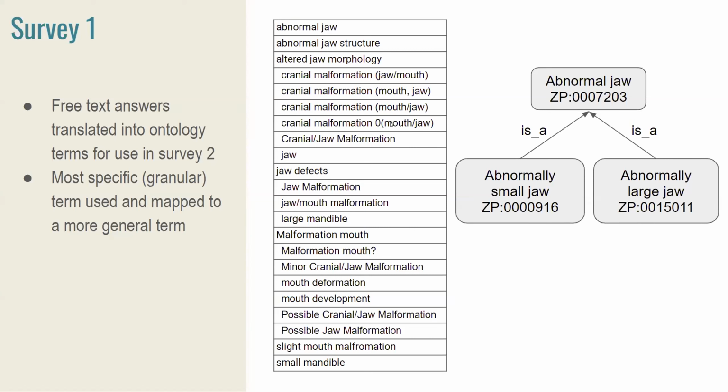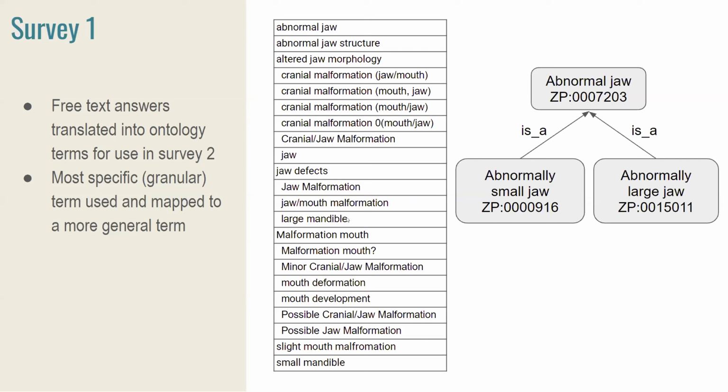Now, when I show you the data, you're going to see that it was analyzed twice. The first time just looking at the very general term, and the second time just looking at the more granular terms. For example, we got a lot of abnormal jaw structure, altered jaw morphology, and these strings were related to abnormal jaw in the zebrafish phenotype ontology.